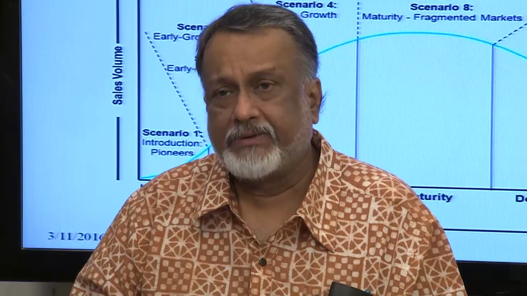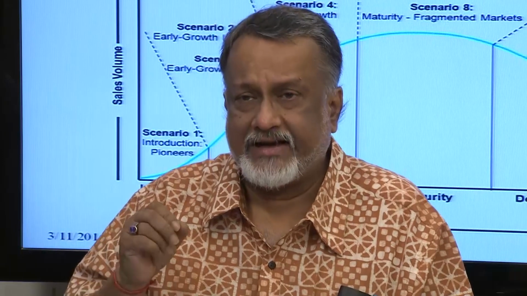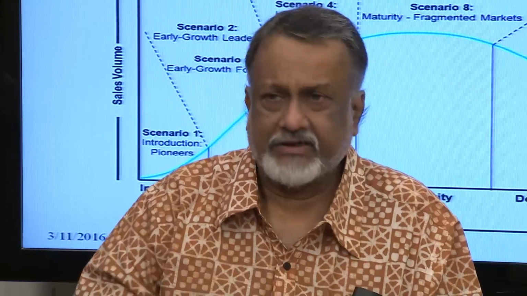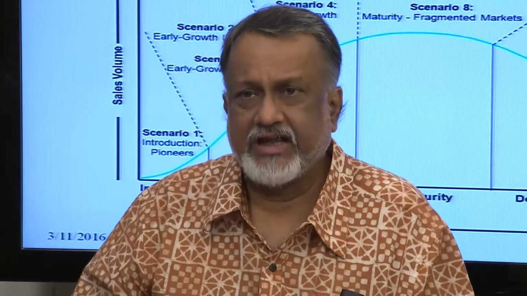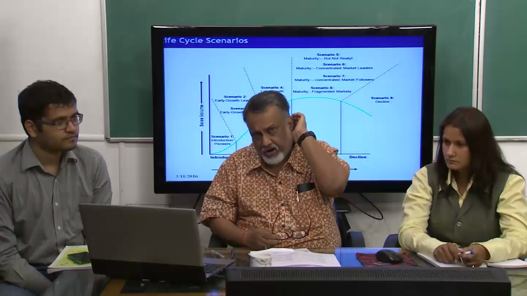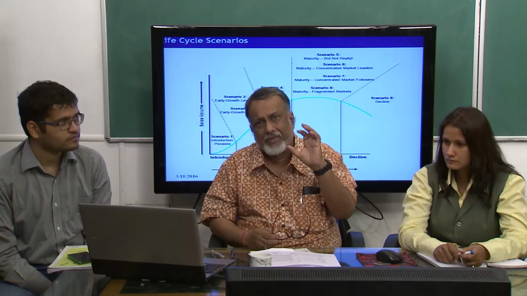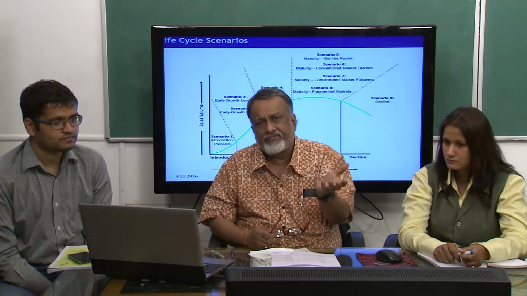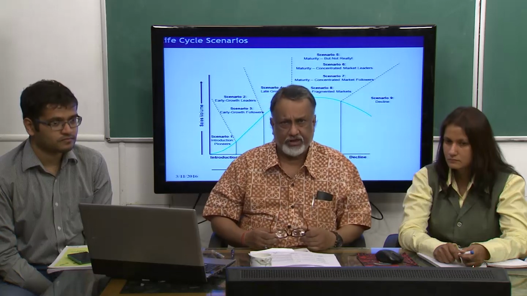They may be people who will be ready to experiment with a new product or with a new service. We know that normally from a total population of people who might be the target market, these people will be maybe 5-6% of the total population.